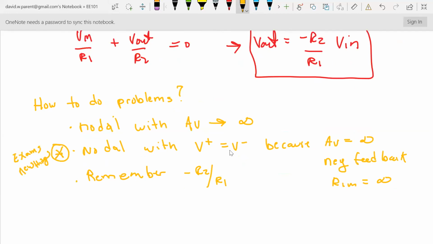But the remembering, well, that might be better for job interviews and higher level problems. And when you're doing circuit design. Yeah, good point.